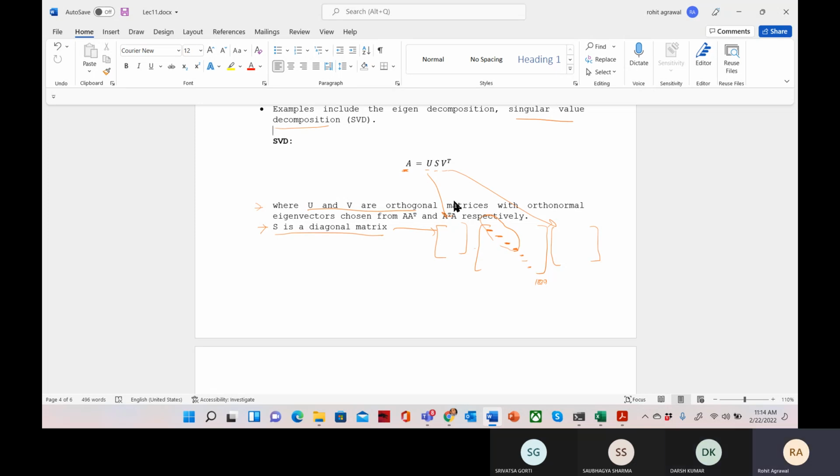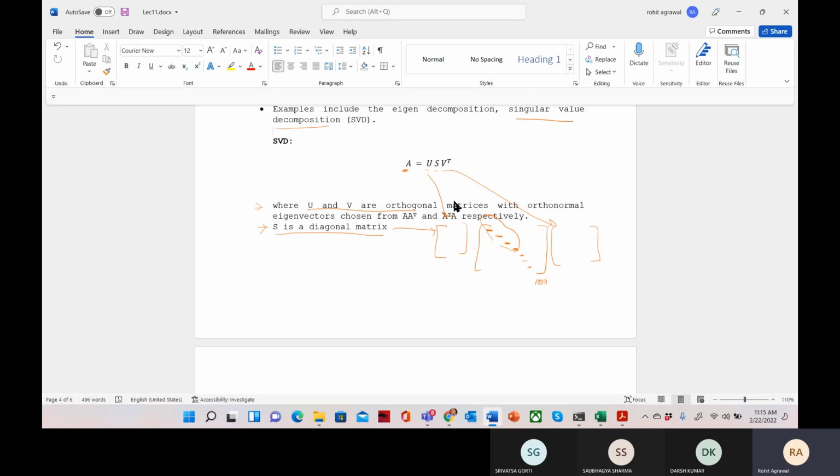So singular value decomposition is just an example of dimensional reduction. Original matrix A is decomposed into three other matrices, one of which is the diagonal matrix with non-zero diagonal elements.